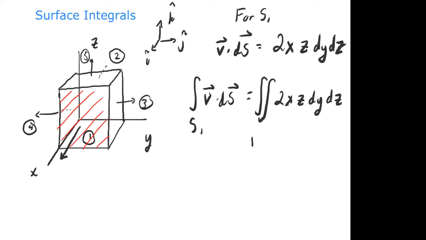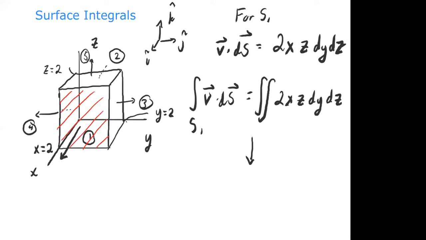But I can make things a little easier when I go back to my diagram and recognize that this cube is a very special cube. It's a cube that has a corner at the point 0, 0, 0, and it intersects the x-axis at x equals 2, the y-axis at y equals 2, and the z-axis at z equals 2.